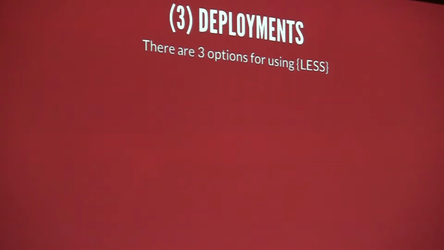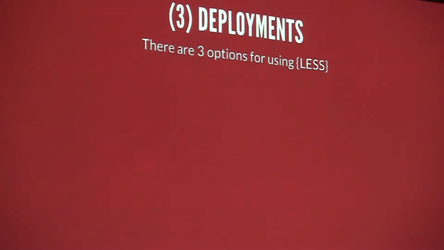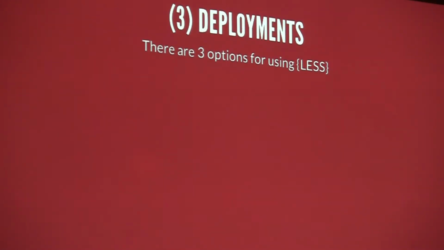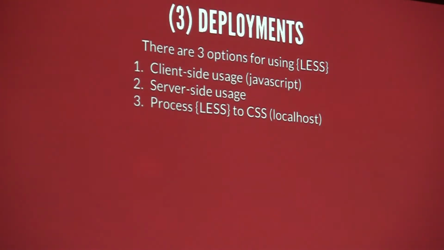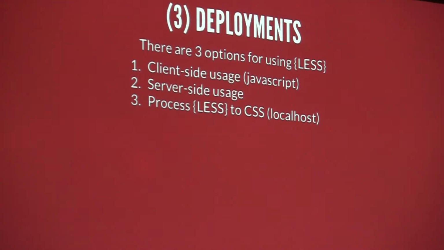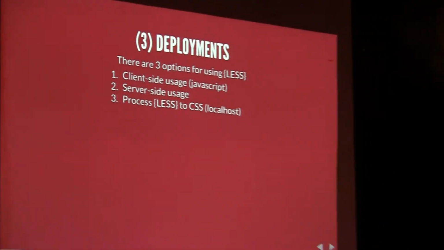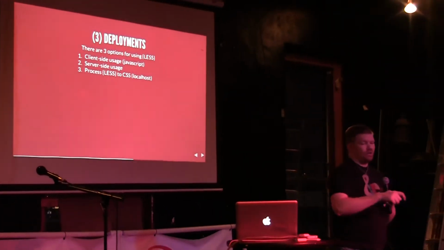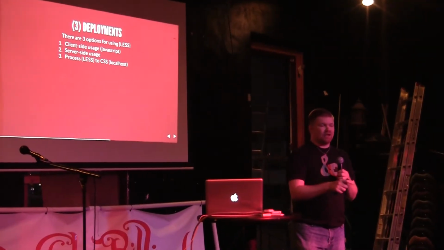So, let's talk about deployments now. Once you've got all of this great Less library that you've built up, there are a couple of different ways to get it out on the web. You can run client-side, which does a translation using JavaScript, takes your Less file, translates it to CSS, and injects it in a header.